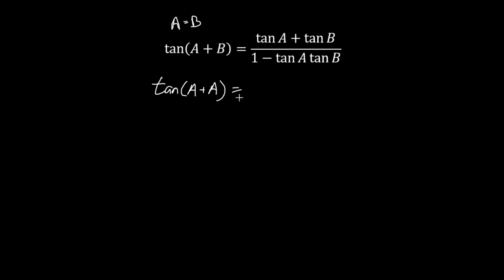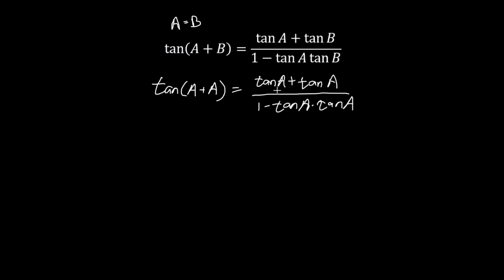left-hand side here. And then on the right-hand side, we have the tangent of A plus the tangent of, instead of writing B, I write A, over 1 minus the tangent of A times the tangent of A again.